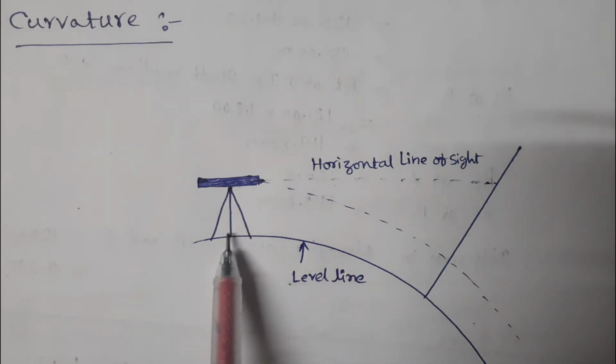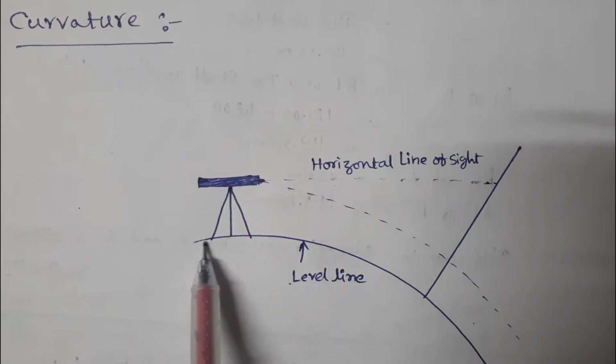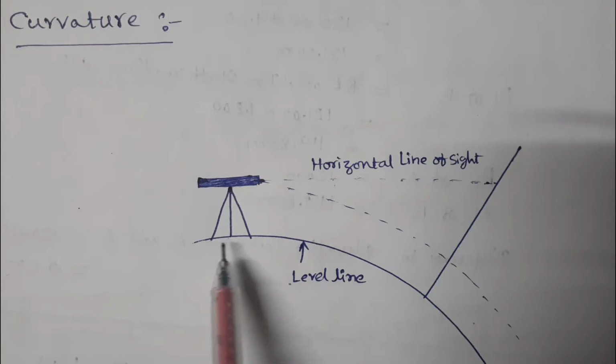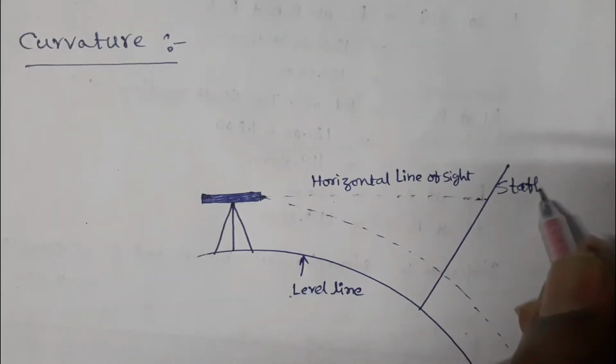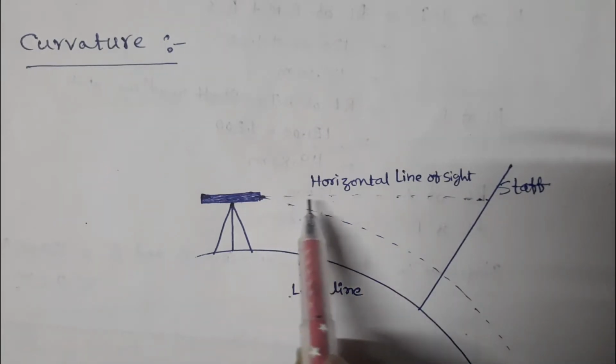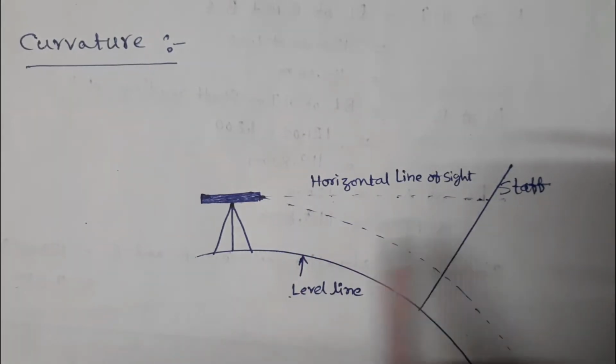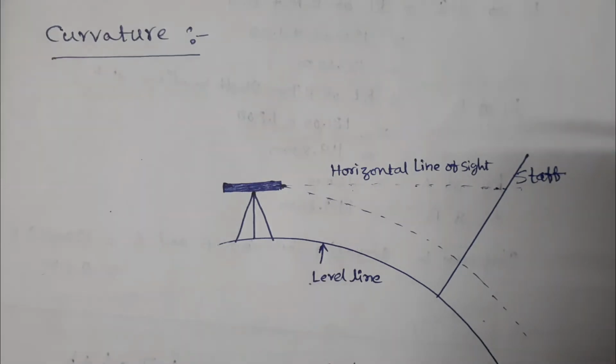Here, this is the leveling instrument set up on this level surface, and this is the leveling staff. When you observe a staff reading on this staff from the instrument, there will be an effect of curvature of earth surface on the staff reading.